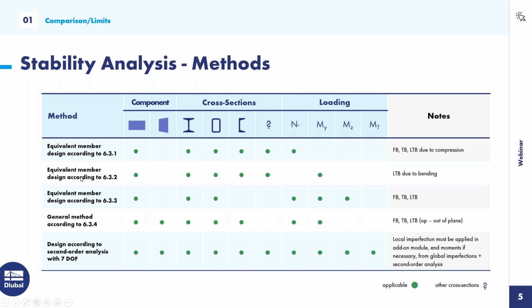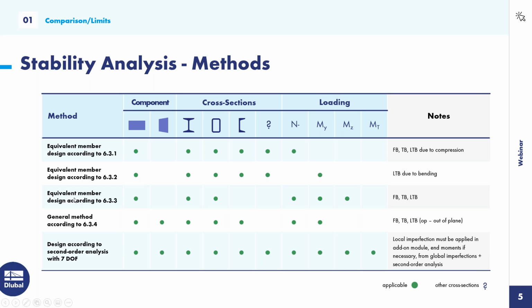Second line, equivalent member design according to 6.3.2, uniform members in bending. The components must be uniform as well. It's valid for all cross sections, but the load can only be bending about the principal axis.